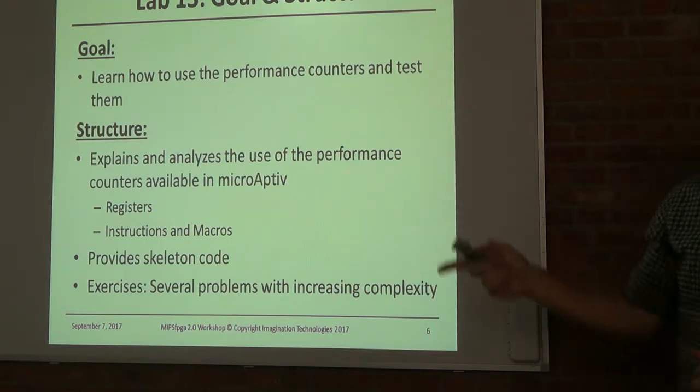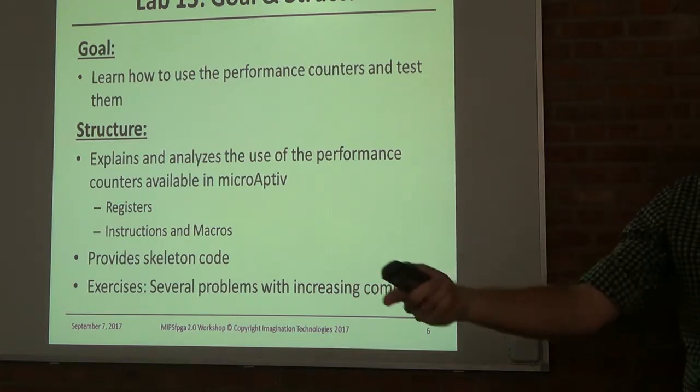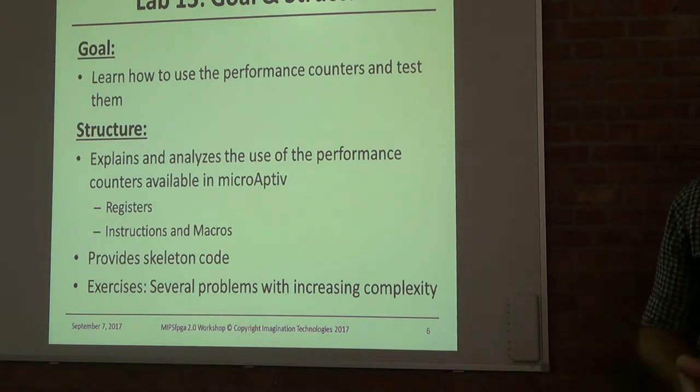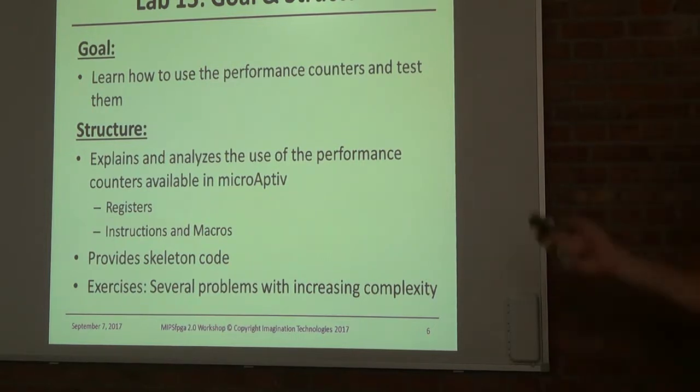We'll also use performance counters in many other labs later for measuring things like cache misses, cache accesses, cache write-backs, and so on. So the goal of this lab is to learn how to use the performance counters in real programs.